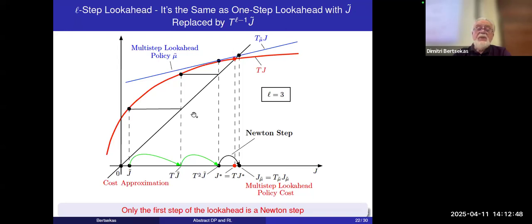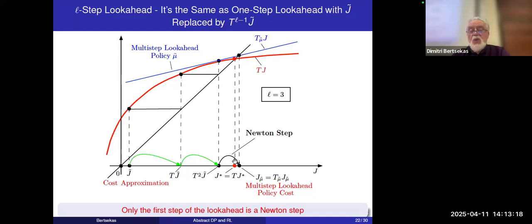So that's the graphical representation of L-step look-ahead. Start with a cost function approximation J tilde, perform a number of value iterations, I'm sorry, 2 of those in this particular case, and then use this T squared J tilde as the starting point for the Newton step.